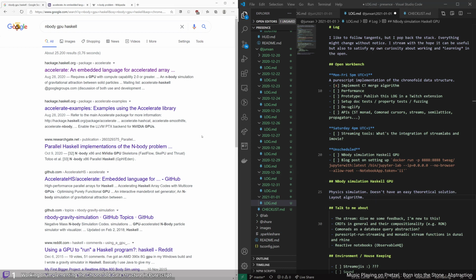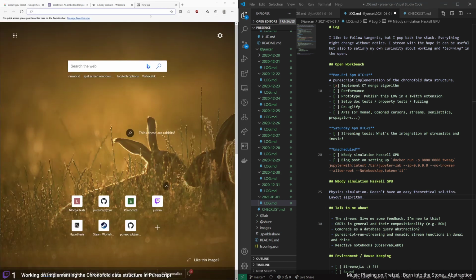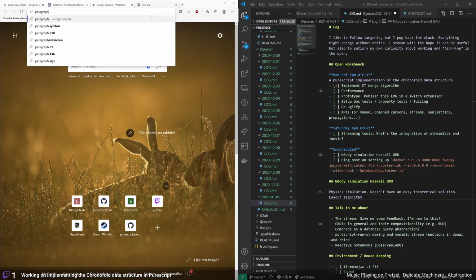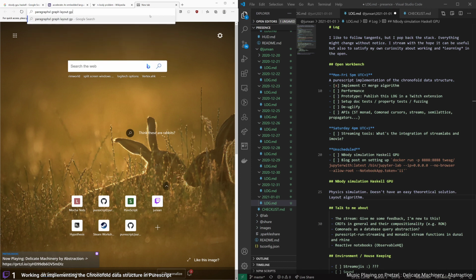And in fact, here's something that I saw some time ago, which is, what, paragraph Excel? Maybe that's not it. Maybe it is. It's graph layout GPU.